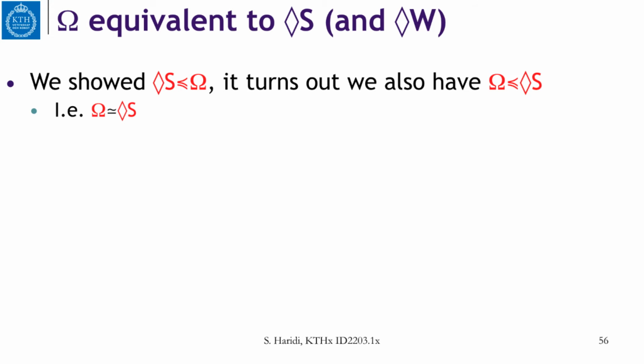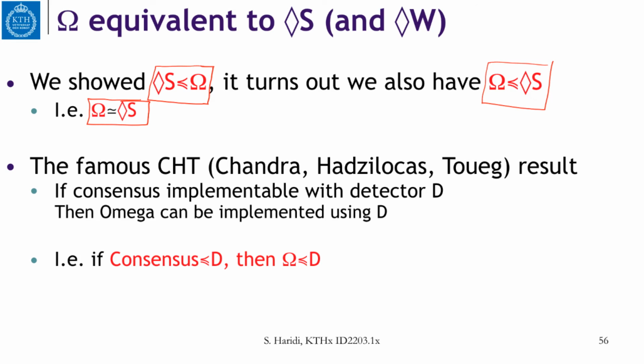We have shown that diamond S is reducible to omega, but it turns out that omega is also reducible to diamond S. There are different ways to prove this, but here is one way. There is a famous result relating failure detectors to the implementation of consensus, which we are going to discuss in the last week, by Chandra, Hadzilacos, and Toueg.